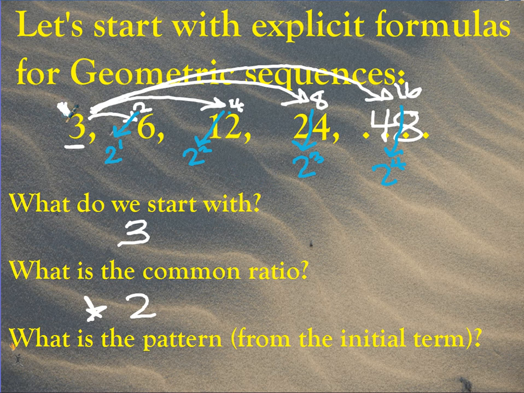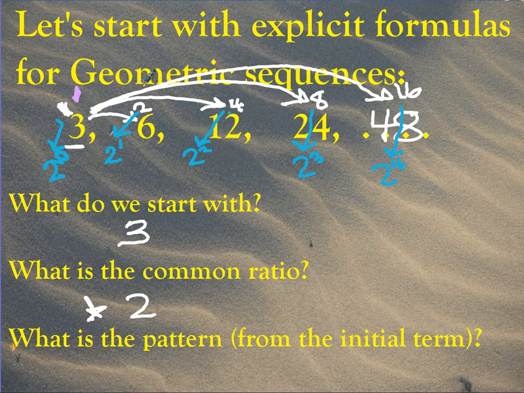Even back here, 1 is also a power of 2 because anything to the 0 power is equal to 1. So that's 2 to the 0 power. If you take the time to look at what pattern is starting to develop, you can see that to get to my first term, I took my common ratio to a power of 0.